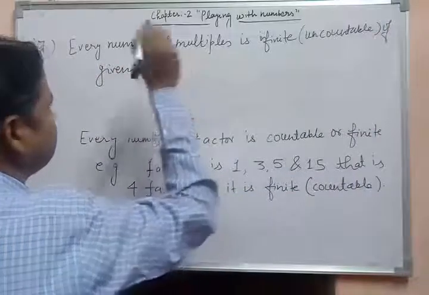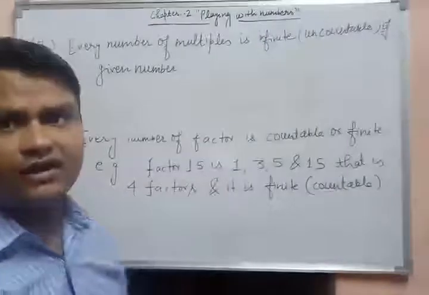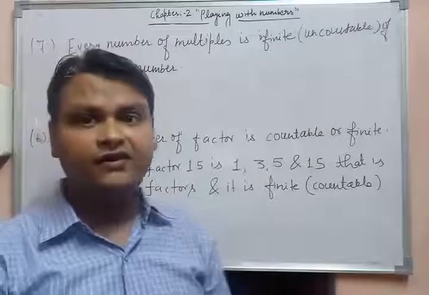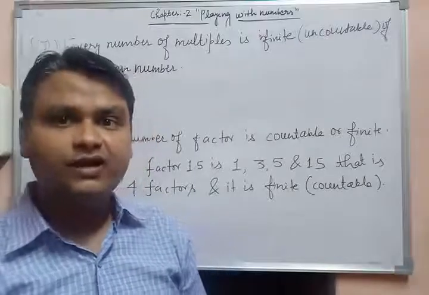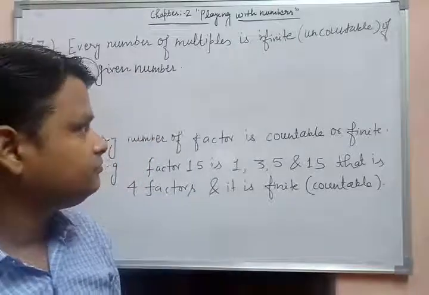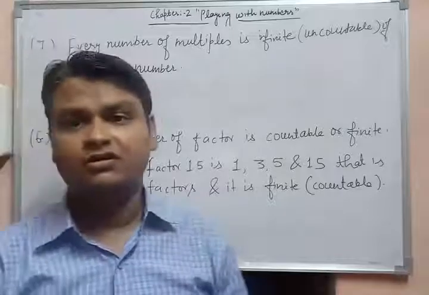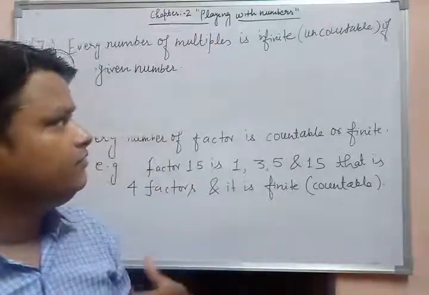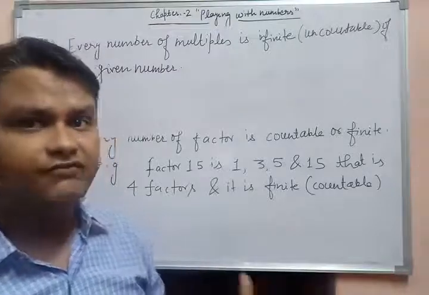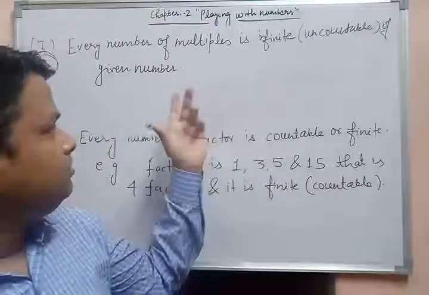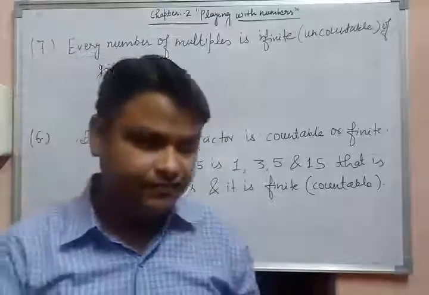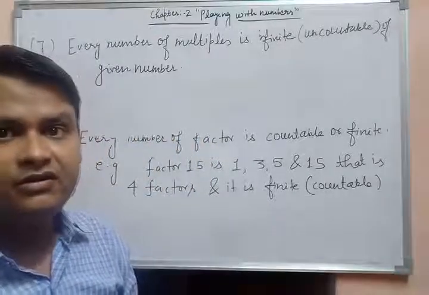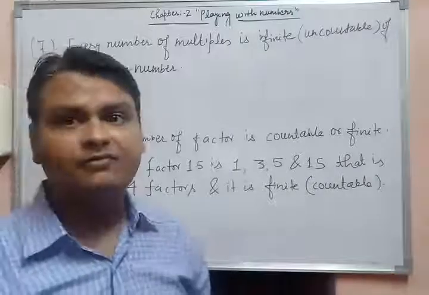So students, this is another fact: the multiples of a number are infinite. It means we can't count every multiple. If we find the multiples of any number, then there will be an infinite number of multiples.